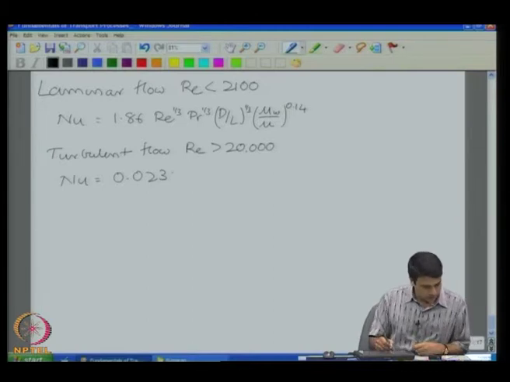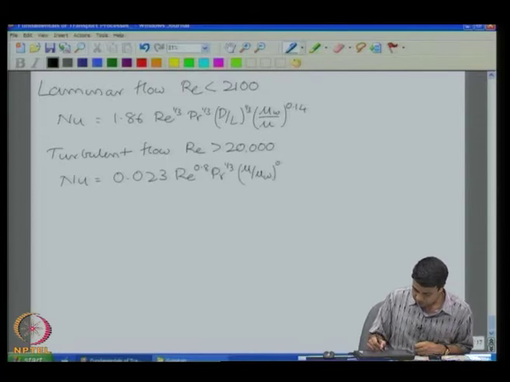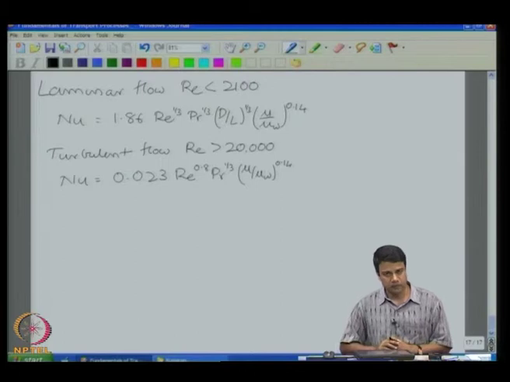Okay. Re to the power 0.8, Pr to the power 1/3, mu by mu w to the power 0.14. Okay. So, these are empirically derived correlations.